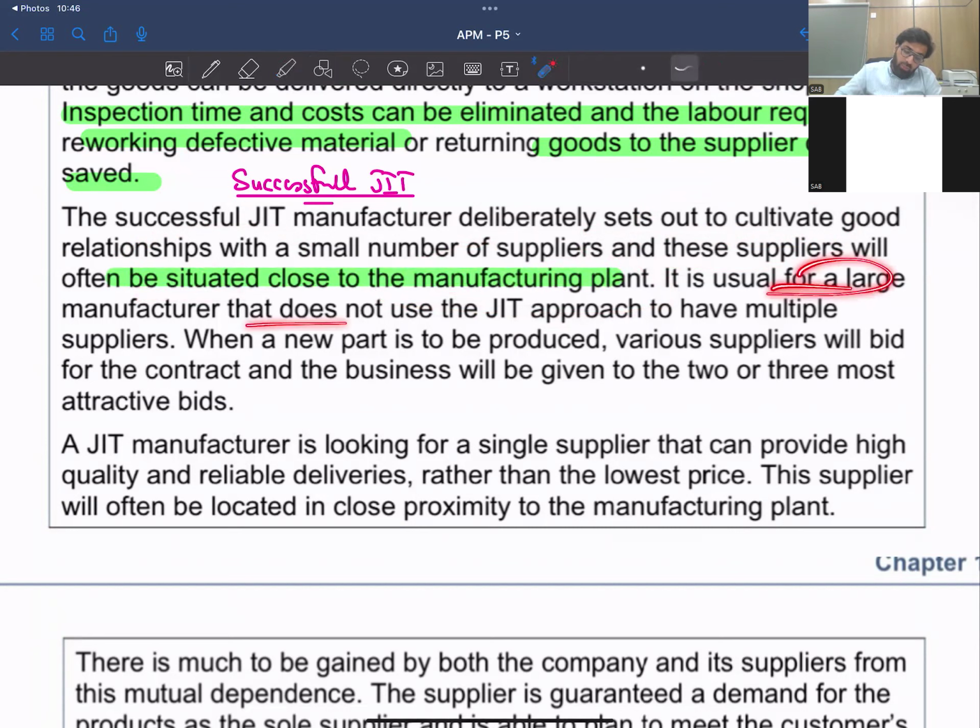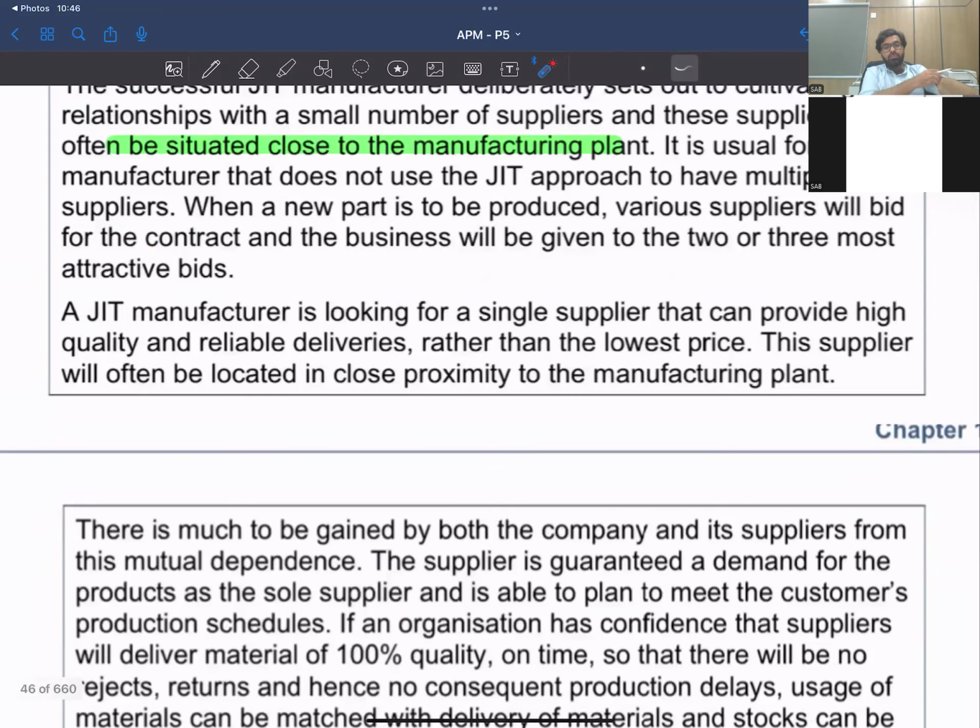It is usual for a large manufacturer that does not use the JIT approach to have multiple suppliers. When there's a new part to be produced, your suppliers will bid for the contract, right? But if you're a good manufacturer, you will have a few suppliers near to your plant, and you will perform the JIT effectively, right?